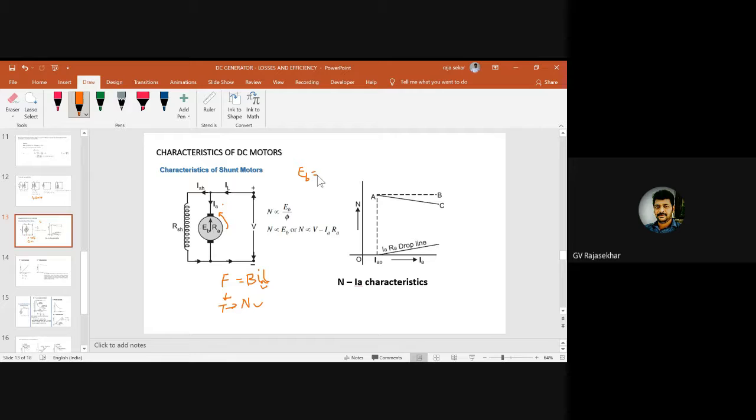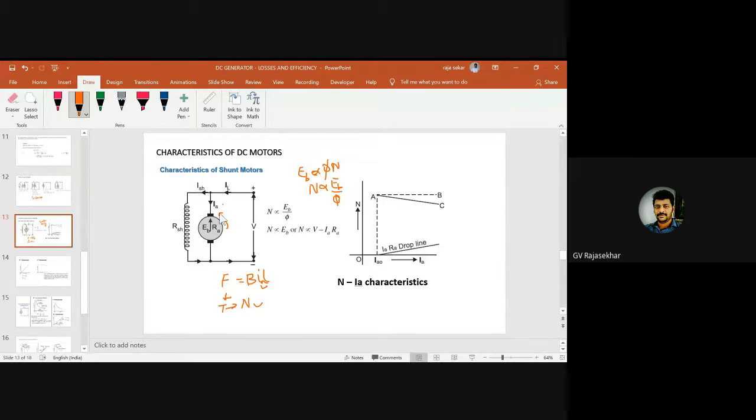EB is equal to phi Z N by 60 into P by A. So EB is proportional to phi into N. Now N is proportional to EB by phi. That means this phi is responsible, because phi is because of ISH.